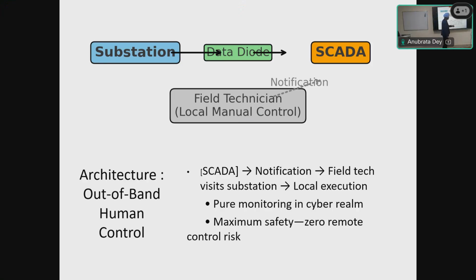And this is obviously zero remote control risk, and pure monitoring in cyber rail. So those are again what we call data diodes. There are various levels, as we saw. Depending on your needs, the field technician has to go in and do any commands manually.